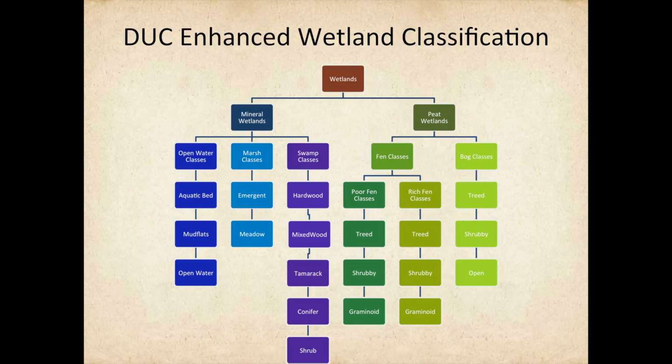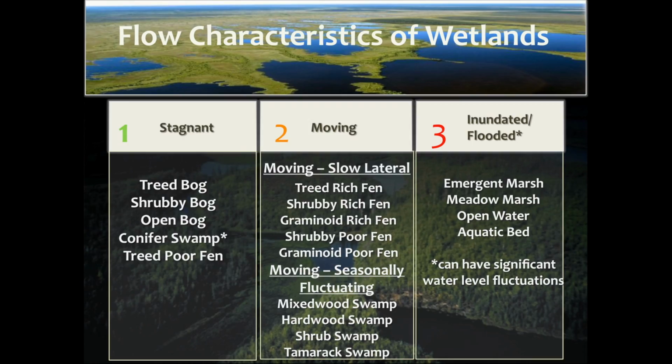We realize that this is pretty complicated for the average Joe, to expect an understanding of 19 different wetland types. And even classifying them can be challenging without experience. So what we did in the case of our roads is we thought, well, why don't we start to utilize our knowledge and group these wetlands into different flow characteristics, from stagnant to moving to inundated and flooded.